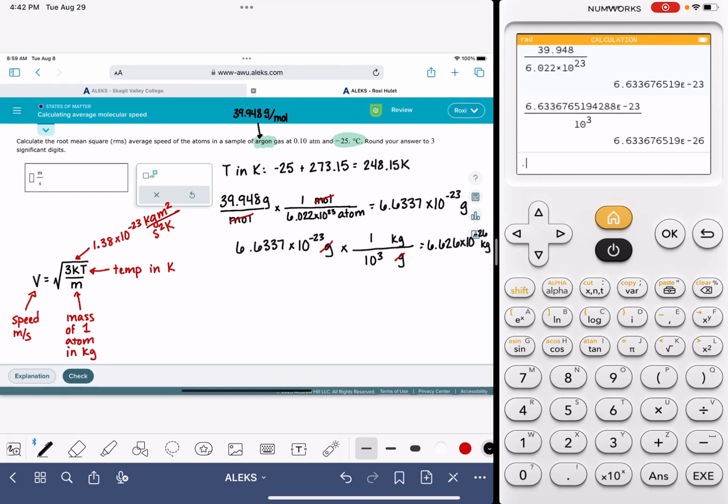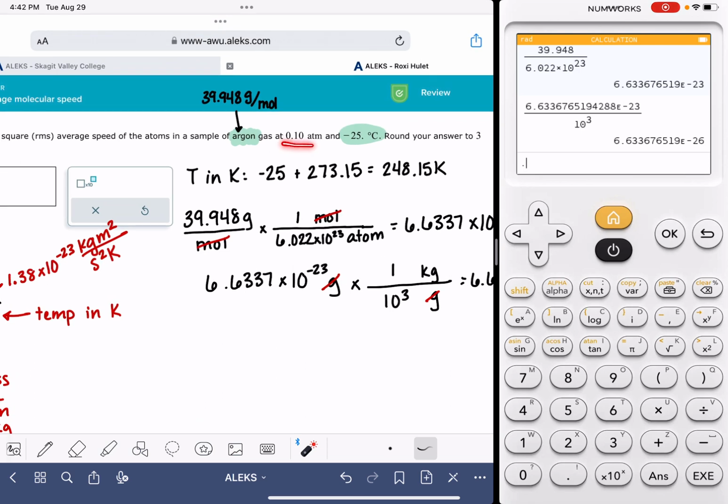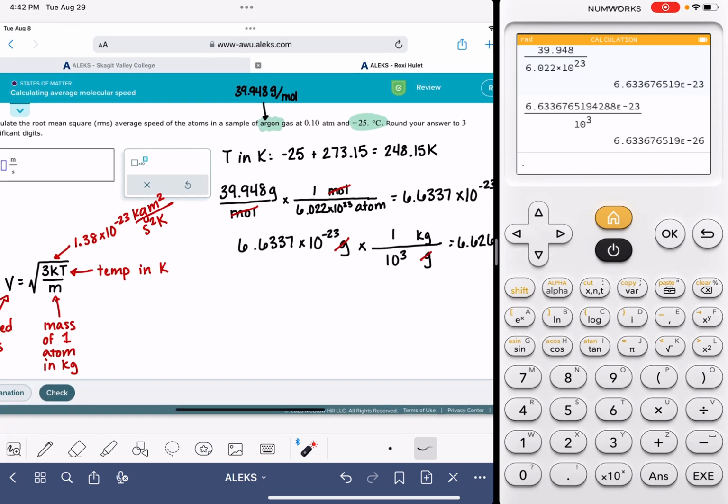All right, so we're ready to plug everything into this equation. Notice that ALEKS gave us some information that we don't need to solve this problem. It gave us the pressure. The speed of a gas has nothing to do with the pressure. It's based completely on the temperature and the mass of the gas or the substance itself.